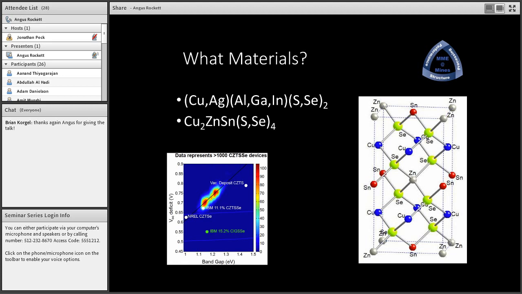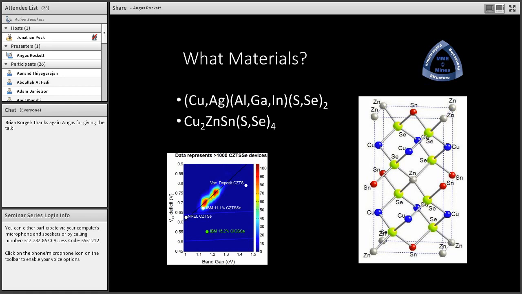We also look at the kesterite, copper, zinc, tin, sulfoselenide materials. At least we have looked at this in the past. The crystal structure is shown at the right. It's a complex material, and it turns out to have a fairly large voltage deficit compared to copper indium diselenide.